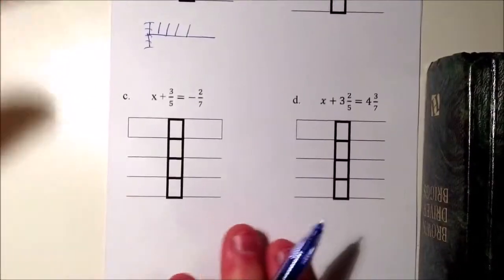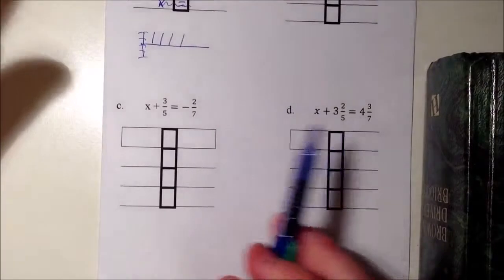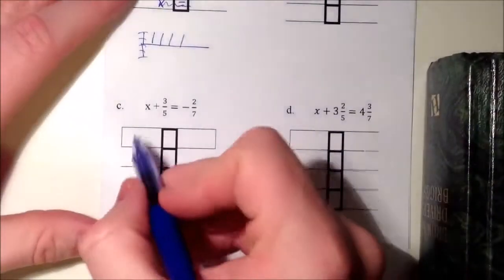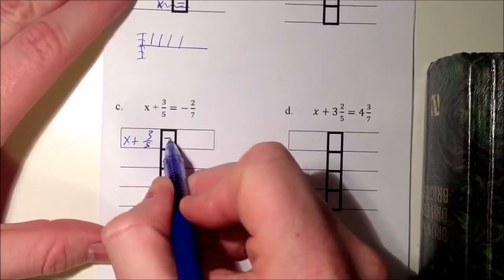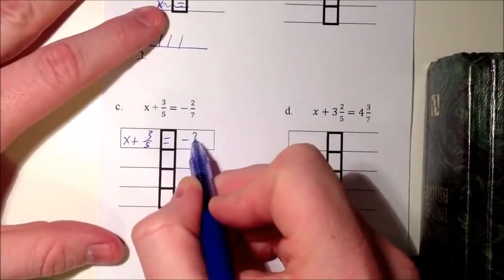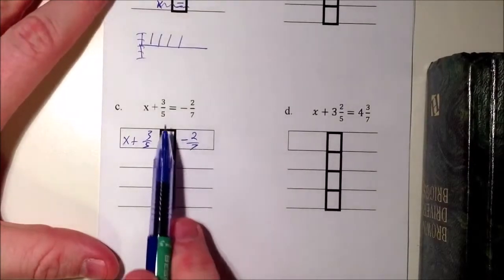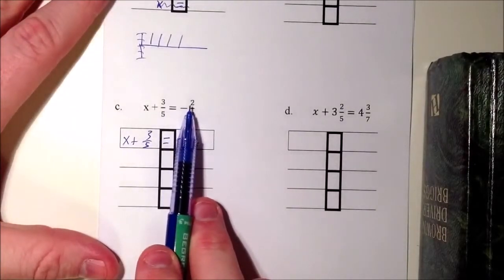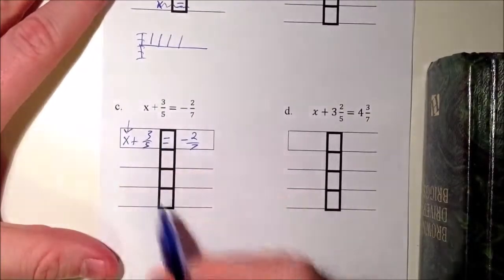All right, so now we're going down to C. And again, you're going to see fractions. Don't worry about the fractions. They're just fractions. So x plus 3/5 equals negative 2 over 7. Just like we've been doing before, take that minus that's in front and bring it up top to the 2. Equals in the middle. I want to get x by itself.